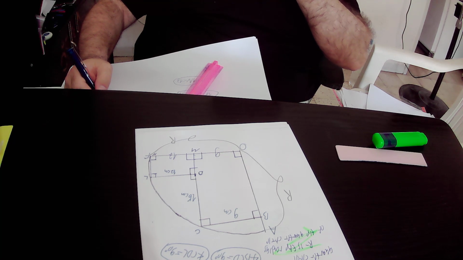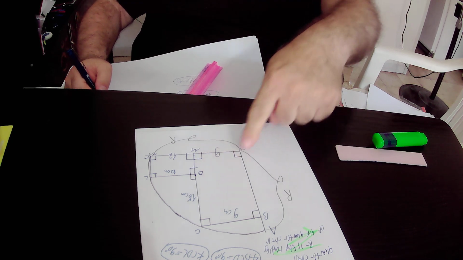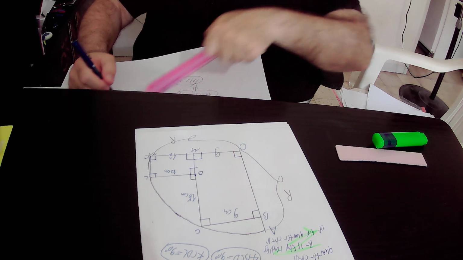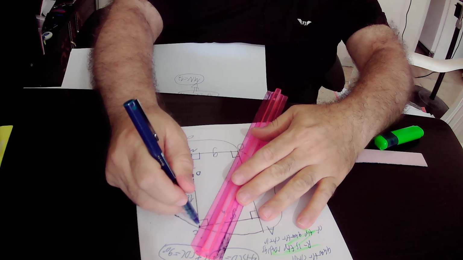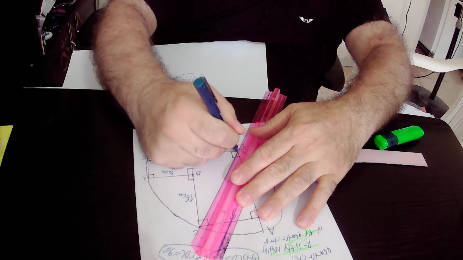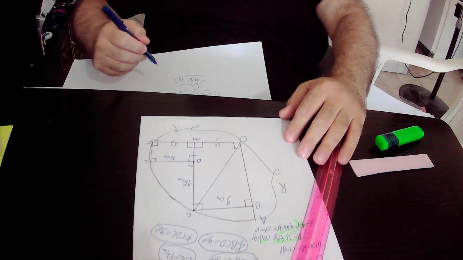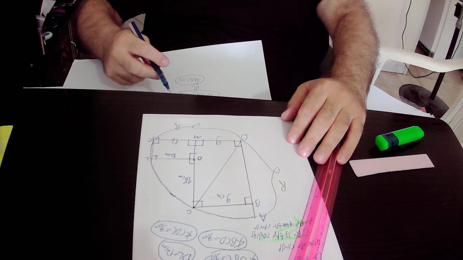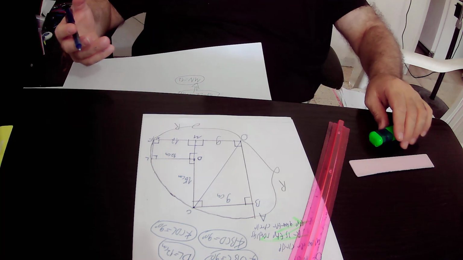So in the next step, we join points O and C together by a straight line. By joining points O and C by a straight line, we created here right triangle OMC.